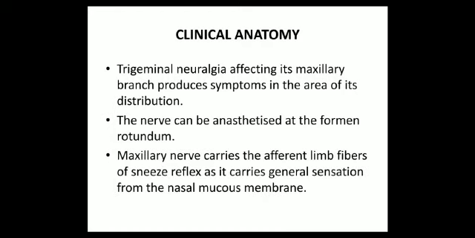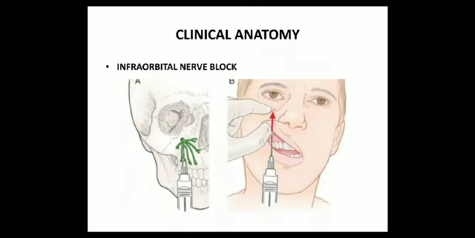The maxillary nerve carries the afferent limb fibers of the sneeze reflex, as it carries the general sensation from the nasal mucous membrane. So, if there is an injury to this maxillary nerve, there will be a loss of the sneeze reflex. Through the infraorbital nerve block, we can anesthetize the area between the lower lid and the upper lip.